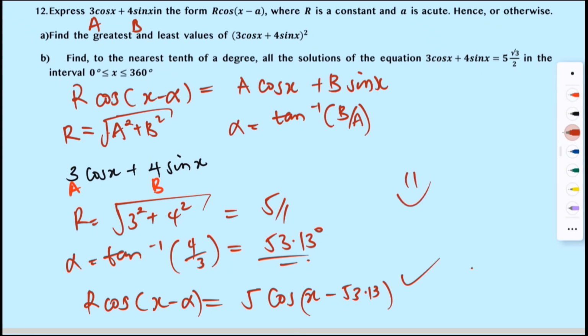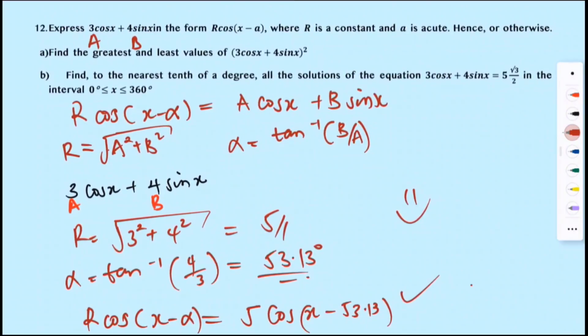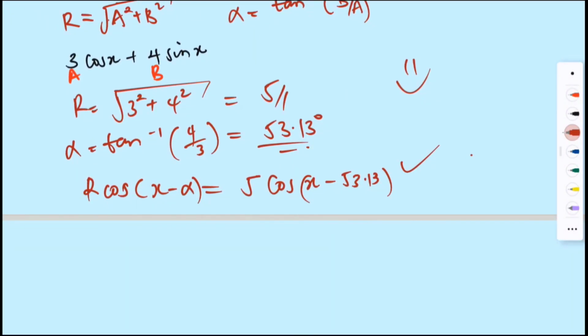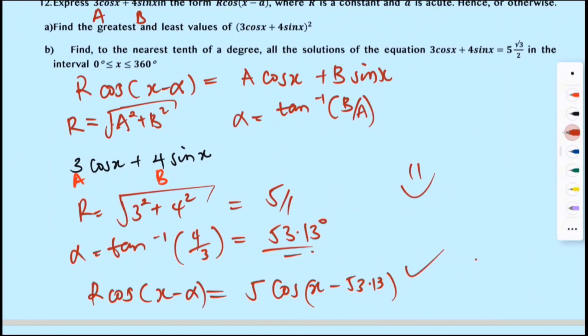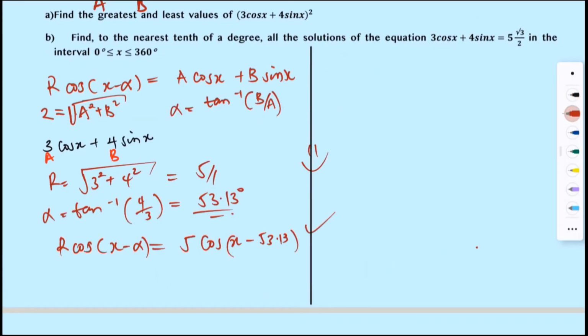Hence or otherwise, find the greatest and the least values of this all squared. Now, for the greatest value, I'm just going to take the hence. Hence means you should use your previous answer to work out the next. So use our answer, knowing that this is also the same as 5 cos(x minus 53.13 degrees). We want to work out the greatest and the least values of this value all squared.